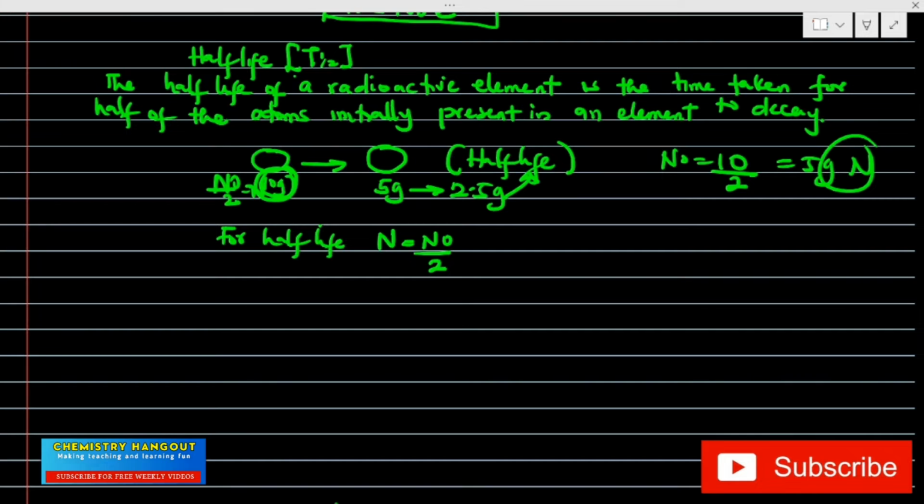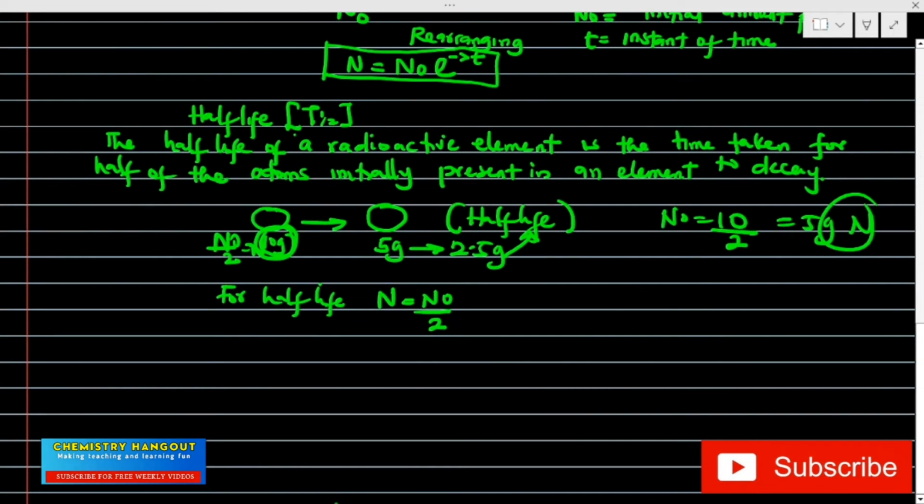So let's put this in the equation that we first derived. This very particular equation, let me write it out: N equals N naught exponential minus lambda t. You see that now? So let's insert this N, which is N naught over 2.